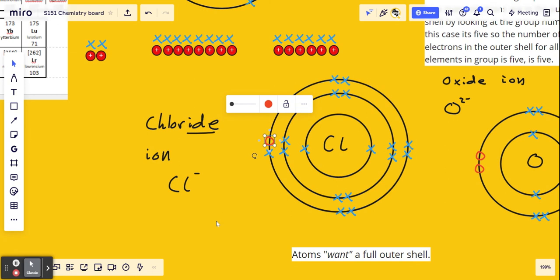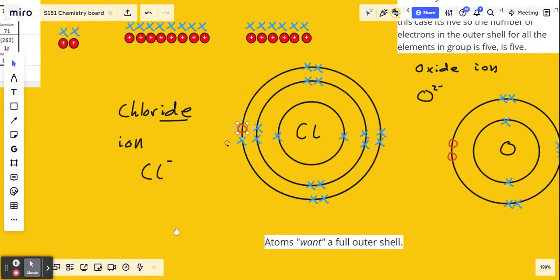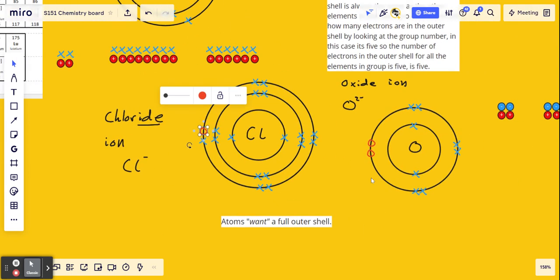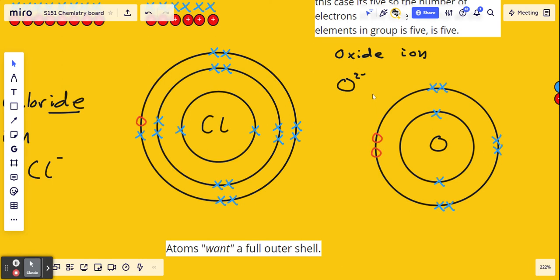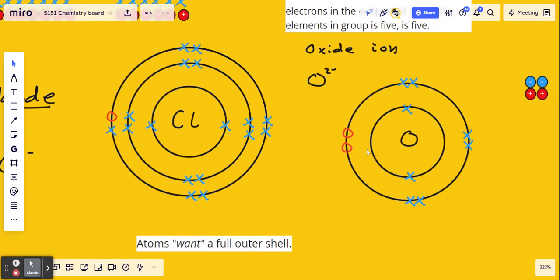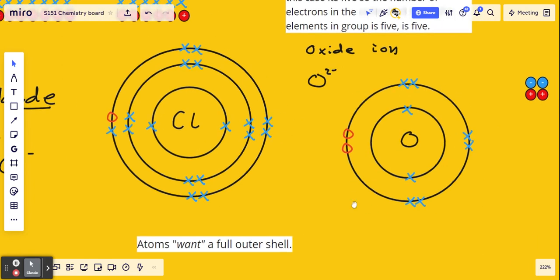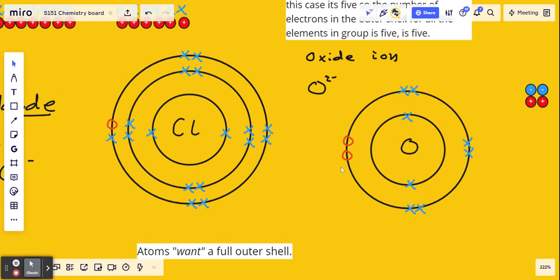Also, by the way, with chlorine and in fact most non-metal atoms, when they form ions, they change the name to chloride, for example, or oxide. So let's look at oxygen then. So as you can see, it's an oxide ion. Why did it form this O2 minus ion? Because, again, just like chlorine, it wanted to form a full outer shell.